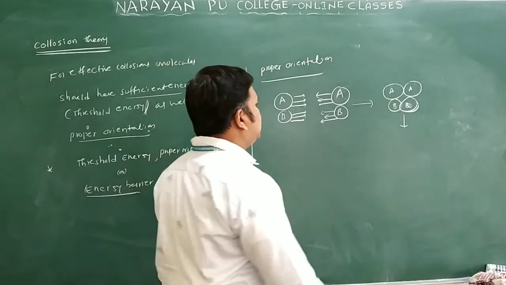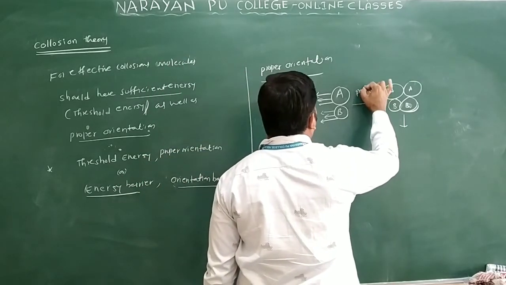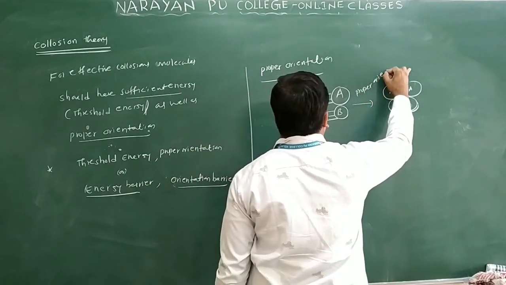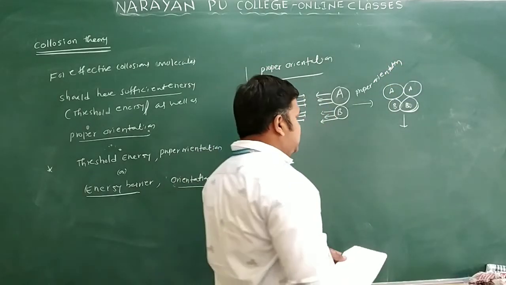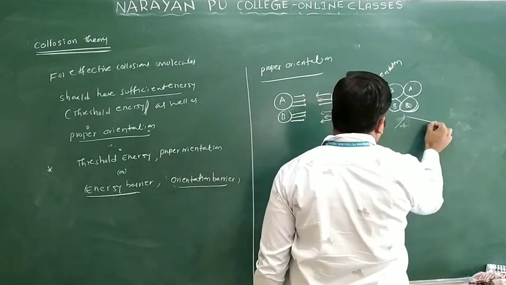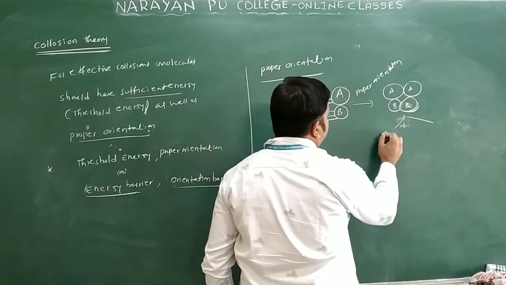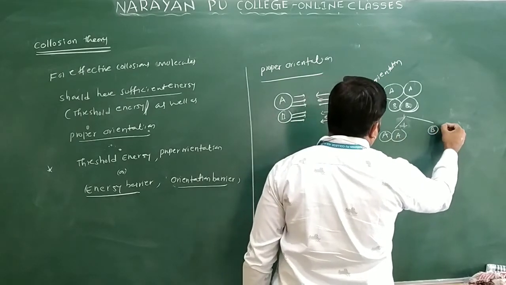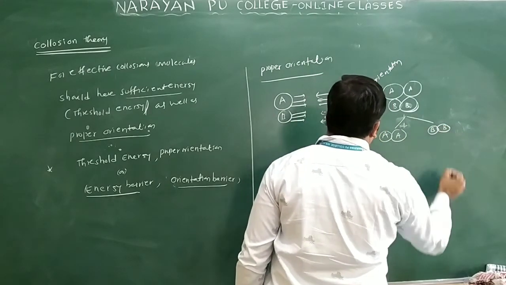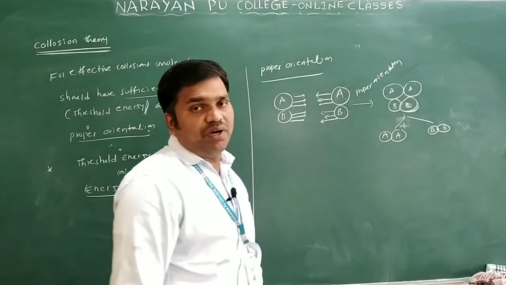They undergo proper orientation. Let us see how the molecule is formed. If the possibilities are there, A and A are separated from the reaction, and B and B are formed when they undergo proper orientation.